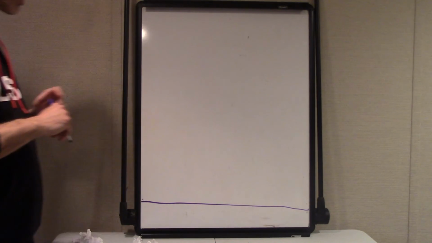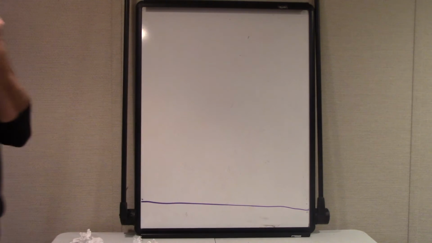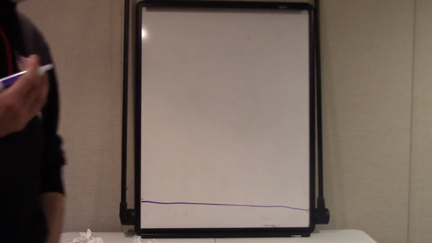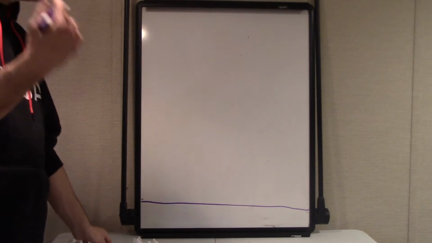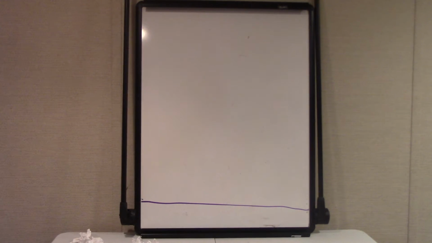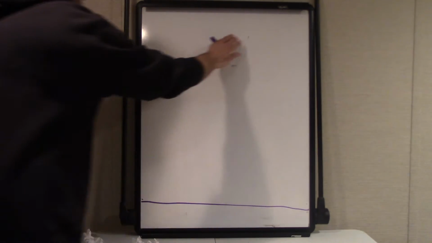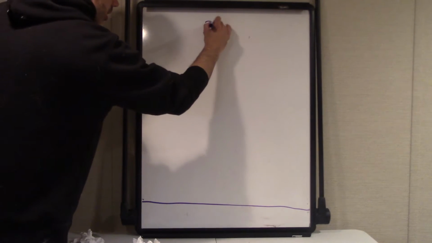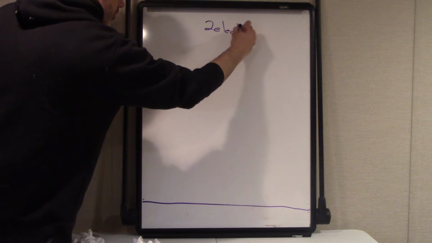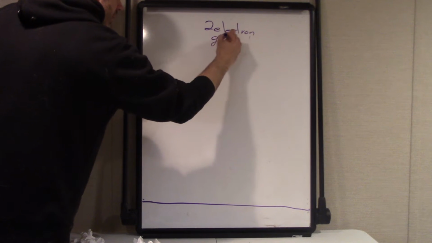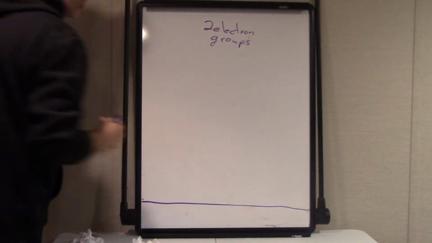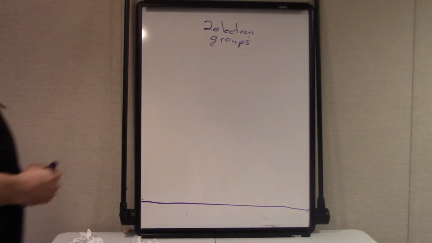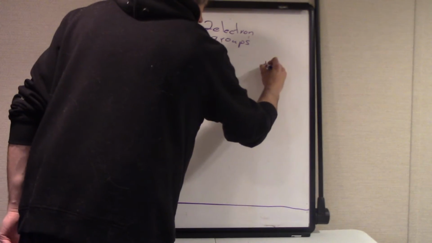So we're going to start with two electron groups. We're going to start with kind of the same thing we did in the previous video, but I want you to see it from scratch without so much on the screen for each case. So going through those guidelines that we talked about before, if I'm dealing with two electron groups, on the right hand side I'm going to make my hybrid orbitals.